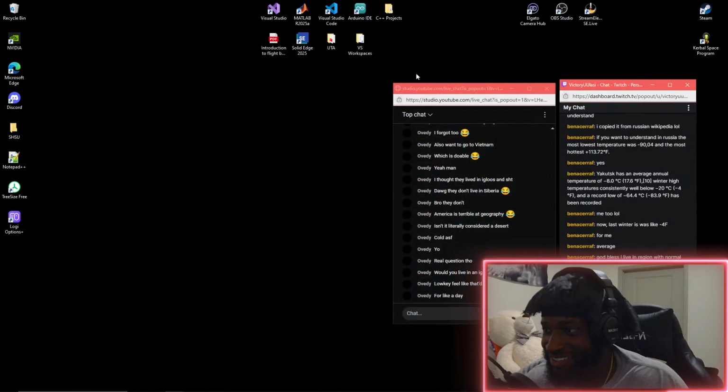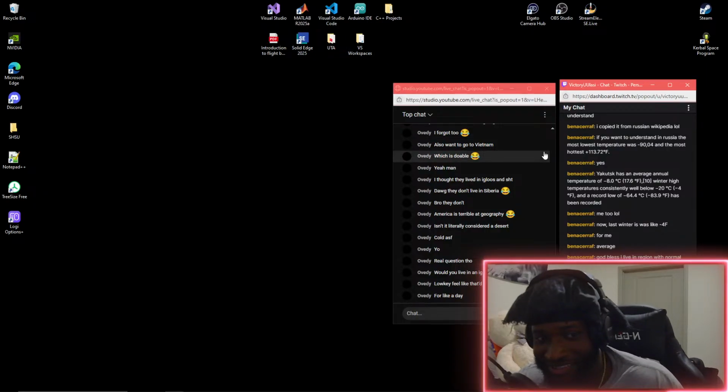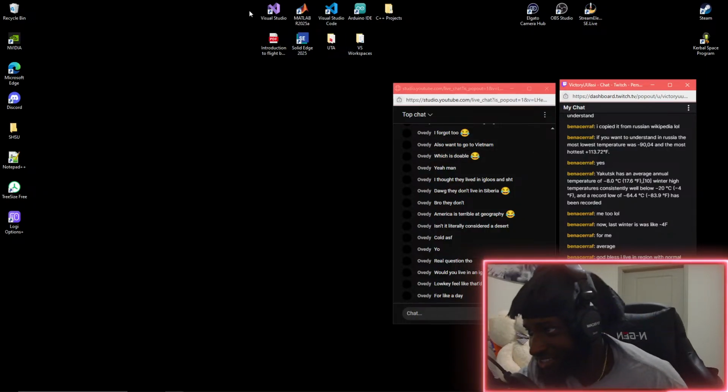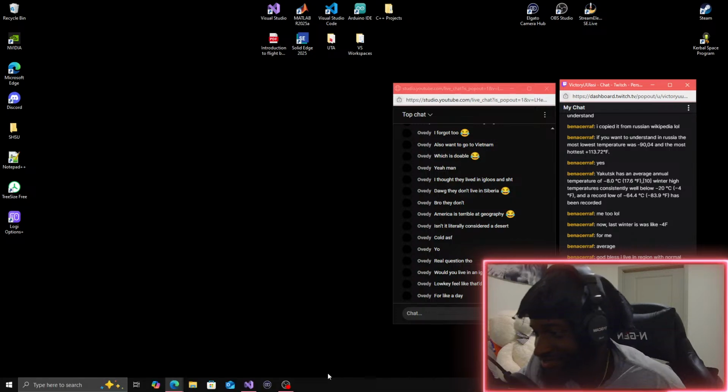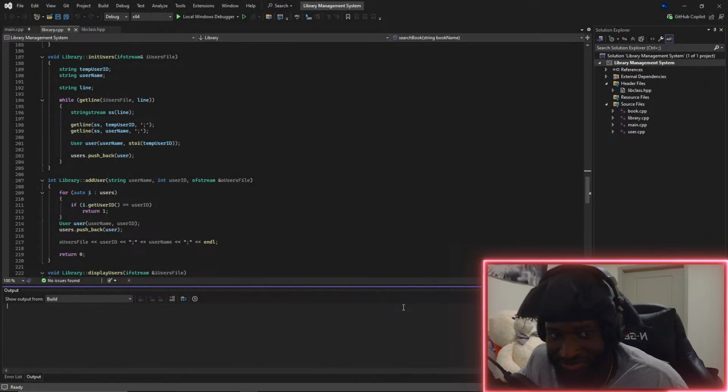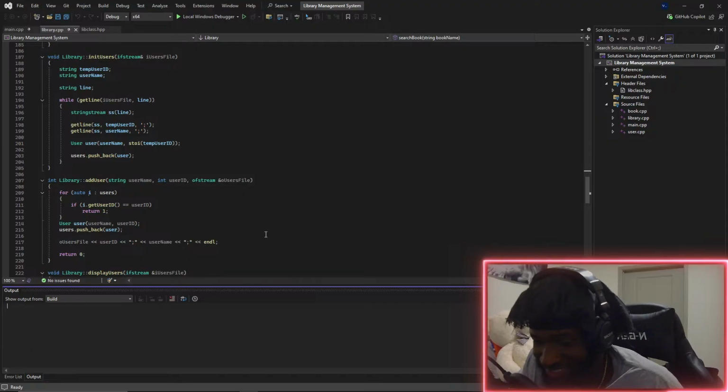You know how a real life library works, right? You can go to a library, check out a book, return a book, add a book to the database of books. That's all this does, just in code.